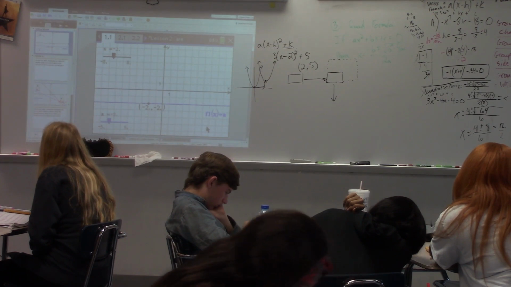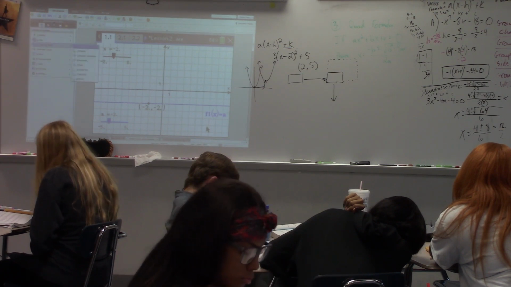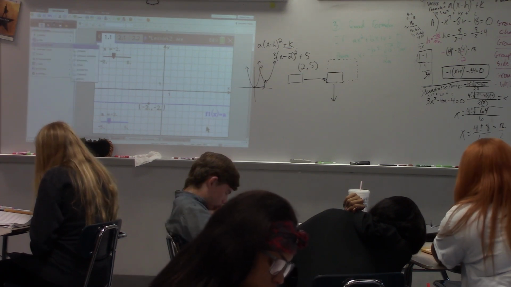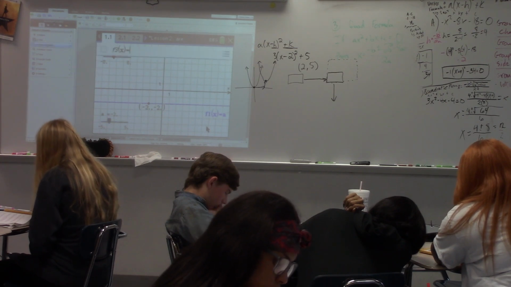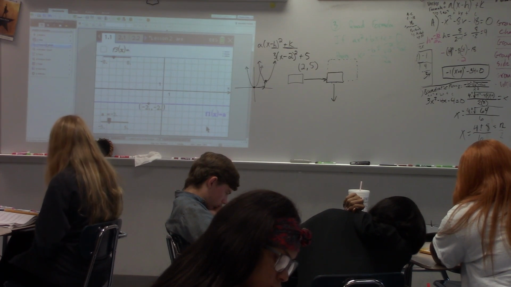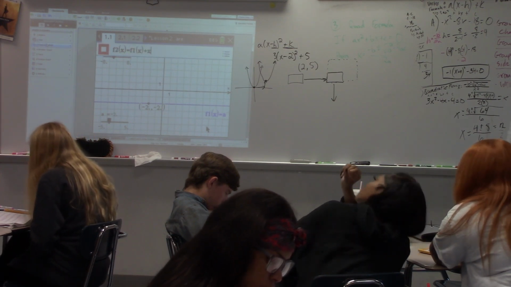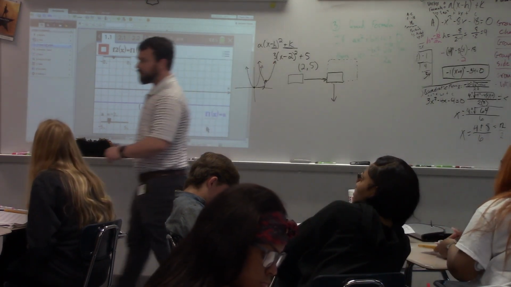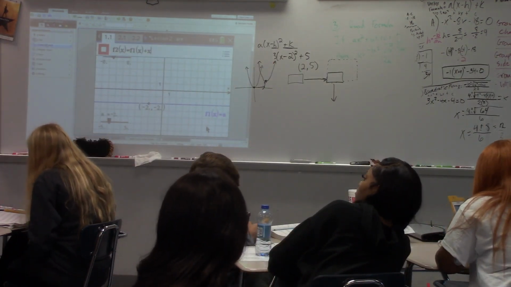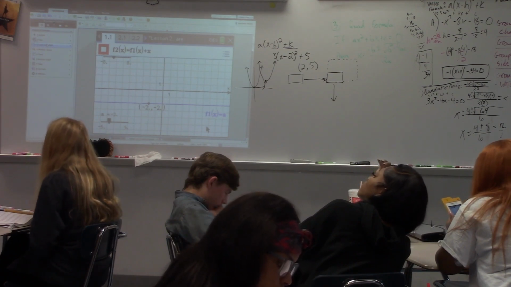So do this for me. Hit the menu button and go to graph entry/edit and go to function and go up to f2 of x. So you just hit the up arrow until you see this f2 of x. Click on that checkbox so that your red line is showing again. Yes, sir.